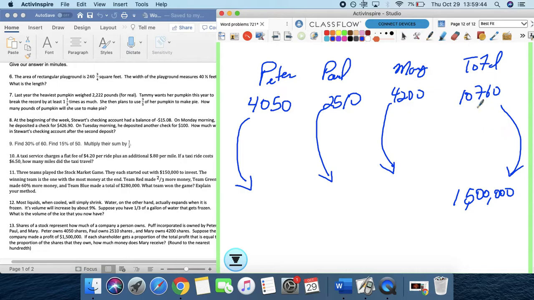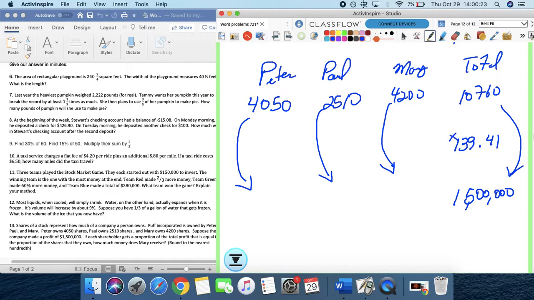So the one thing you have to find out is 10,760 times what number equals 1,500,000. It's not going to be a precise number. So the easiest way to do this is to simply divide. And if you divide that, you're going to get a decimal, and you're going to get 139.41, and I'm going to round it to the nearest hundredths.